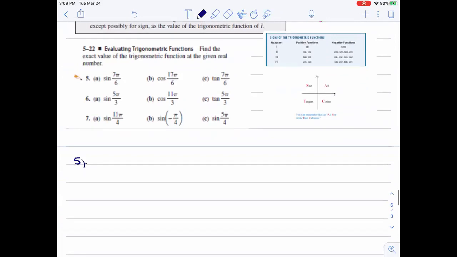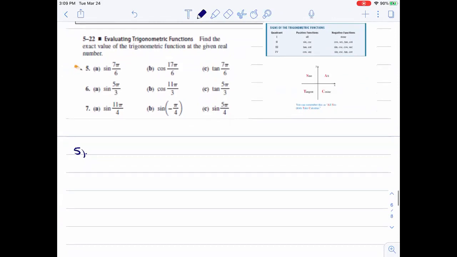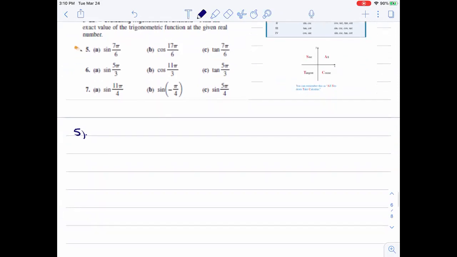So find the exact value of the trig function at the given real number. And so we've got sine of 7pi/6. So what we've done is we've got the sine of 7pi/6.